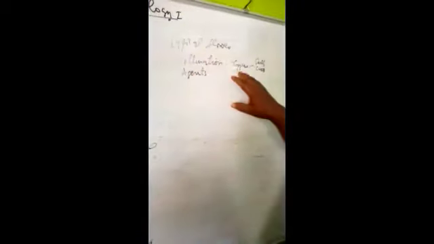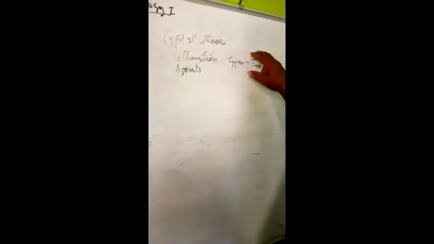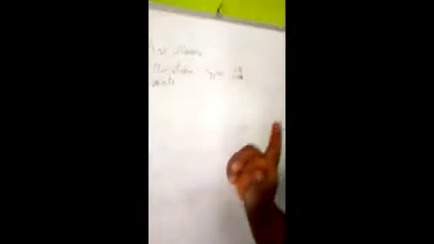This pollination can be of two types: self-pollination and cross-pollination. What is self-pollination? When pollen grain from the anther of a flower falls on the stigma of the same flower, that is self-pollination.